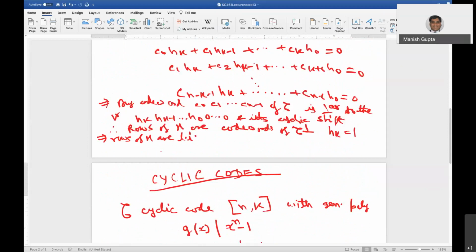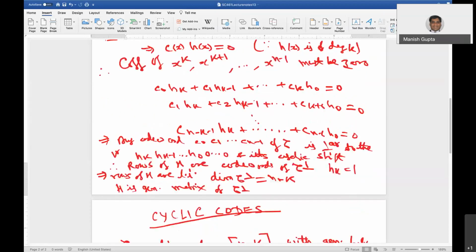Now rows are linearly independent and the total number of rows is n minus k. So the dimension of C perp is n minus k, and H is the generator matrix of C perp.